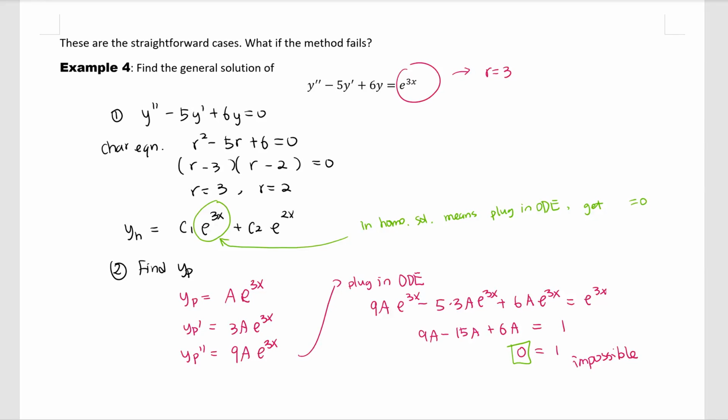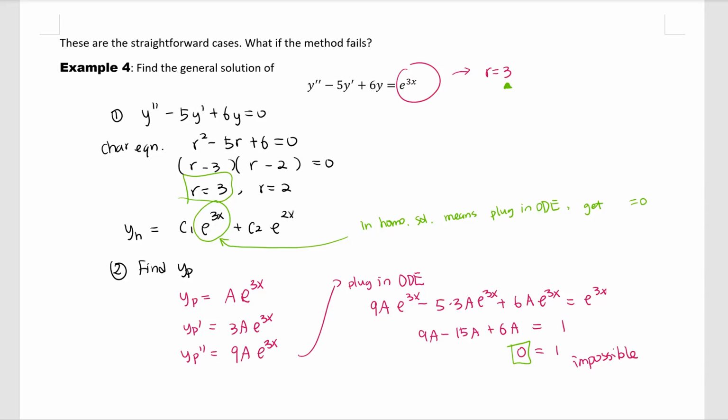You see, 3 is already a root in the characteristic equation of the homogeneous differential equation.